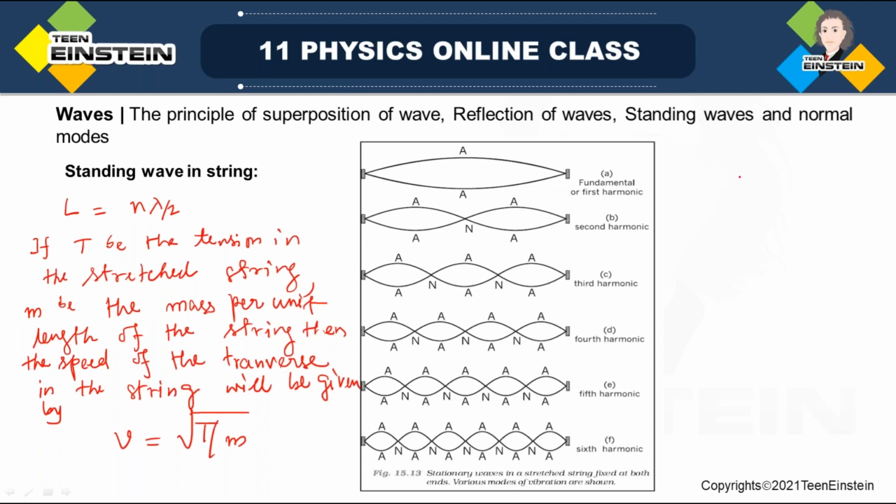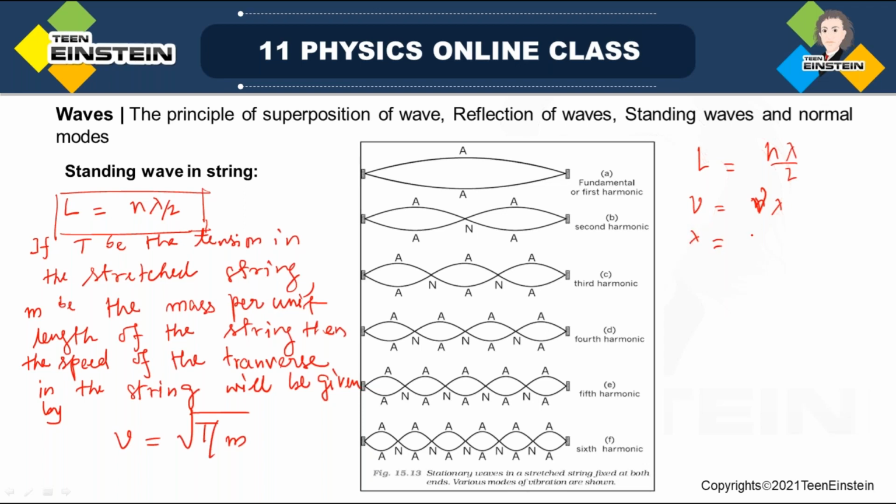Okay, now if I try to find out what possible frequencies can be produced in the string, or how many different waves will be created in the string. We know L is equal to n lambda by 2. Now we know that speed v is equal to nu times lambda.